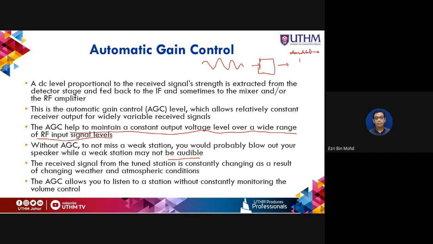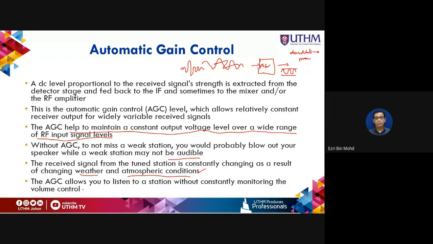We start the demodulation process, so we need AGC to make it stable. Sometimes the signal comes like this, sometimes the wind is strong. So we need to maintain the power. The received signal from the tuned circuit is constantly changing as a result of changing weather and atmospheric conditions.